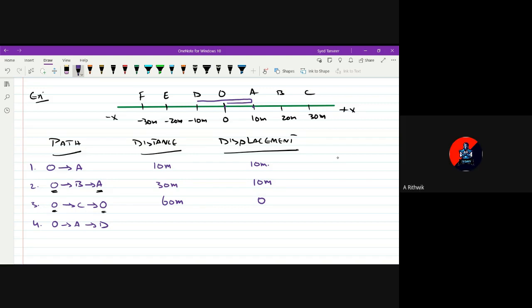Distance covered is 30 meters. Displacement is minus 10 meters. Displacement is a vector quantity, and this negative sign tells you that the final position of the body is towards the left of the origin.